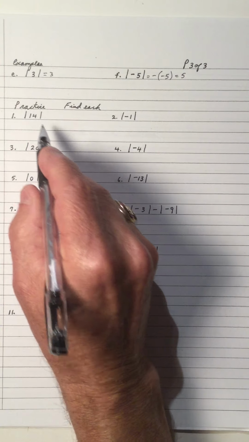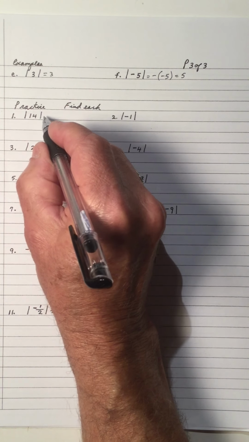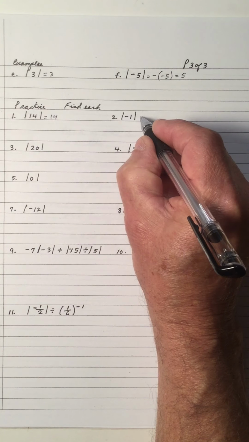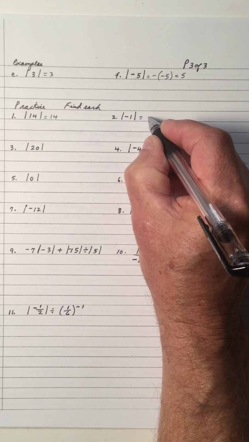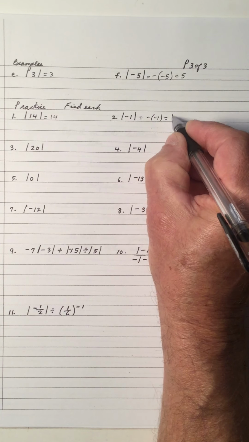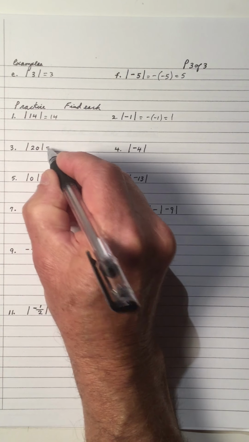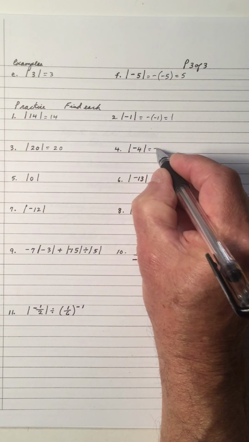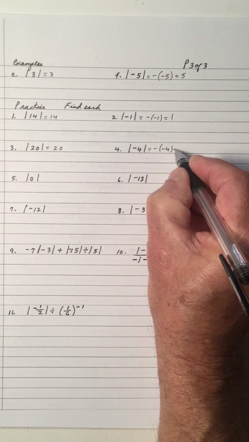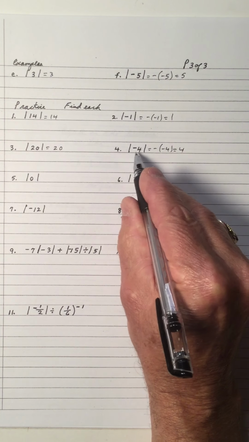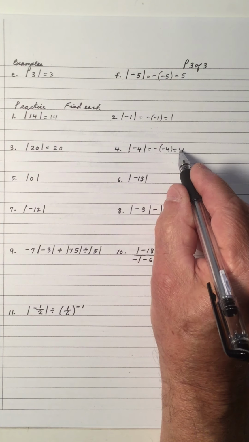Practice. Find each. The absolute value of 14 is 14. The absolute value of negative 1 is the negative of a negative 1, which is 1. The absolute value of 20 is 20. The absolute value of negative 4 is the negative of negative 4, which is 4. So if you never put this down, you're okay. If you said the absolute value of negative 4 is 4, great.